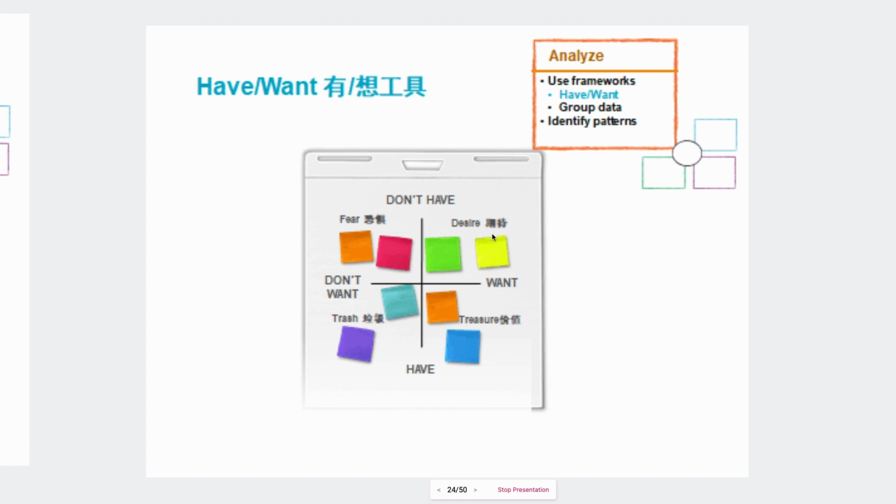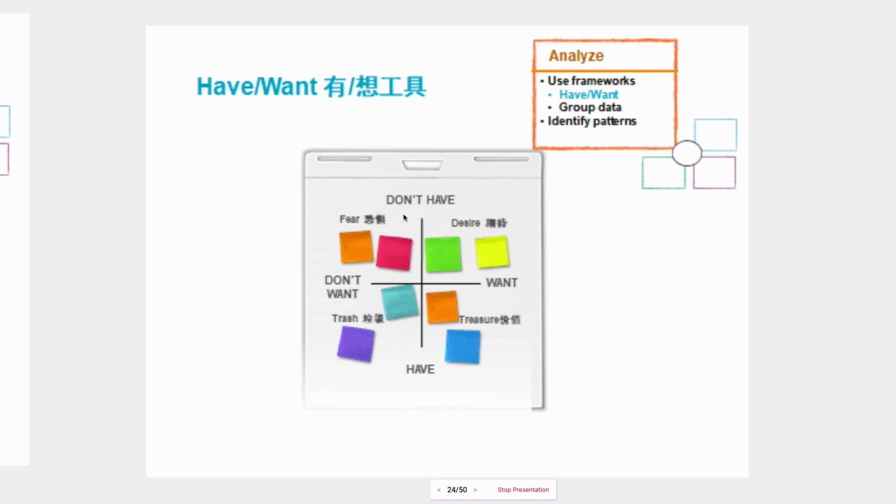Okay, so for this quadrant, what the user has and also wants right now is our treasure. Like for our BoardX, what is the treasure right now? Our users really care about it. So this is what we need to do even better. And what the user doesn't have and doesn't want, this is what the user feels afraid about.